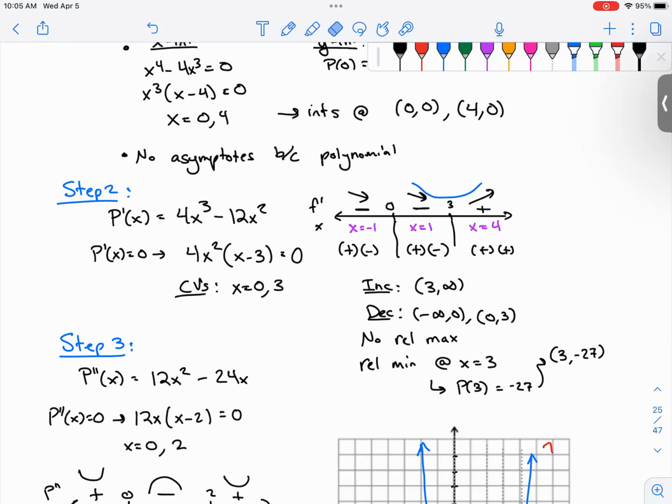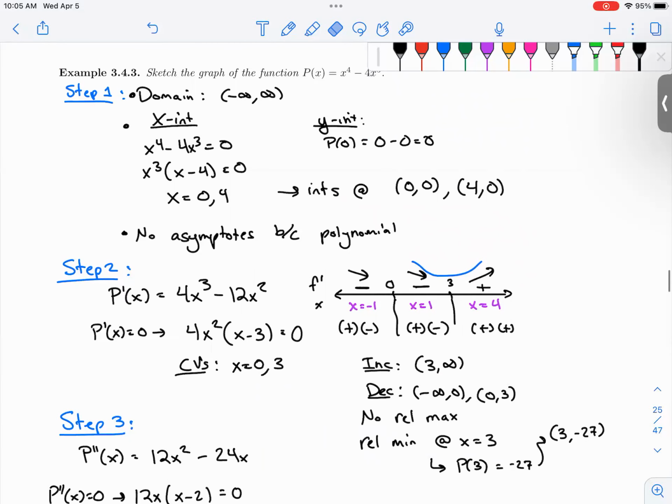If you put P of 0, 0 minus 0 equals 0, but what if you did P of 4? Then you plug that in to get a y-intercept. So 4 was going to give us an x-intercept. The x-intercepts and y-intercepts are done separately. It just so happens that here, because 0 is the only place that has an x-intercept that is both an x-intercept and a y-intercept, we had to do it twice.